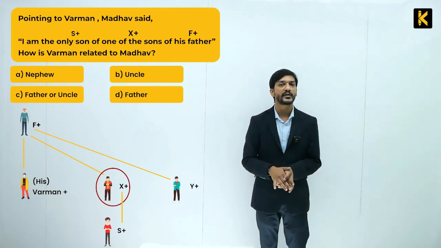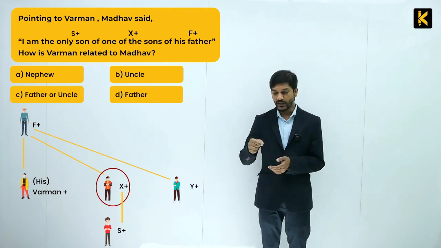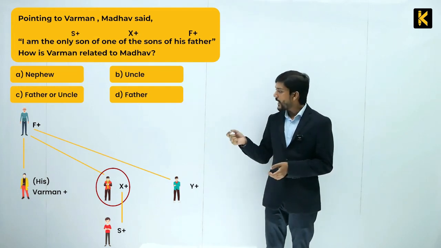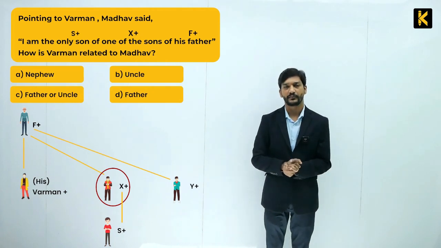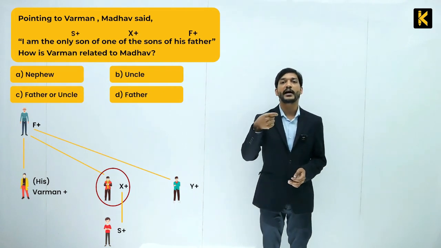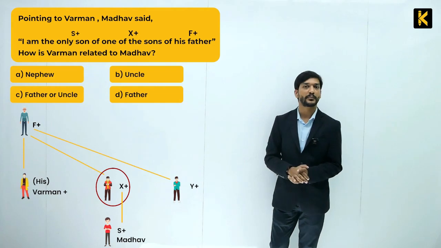I am the only son means S. So that means I am S plus. I means Madhav. So Madhav is saying that I am S plus. So this S plus person is actually who? Madhav. So that person is Madhav.